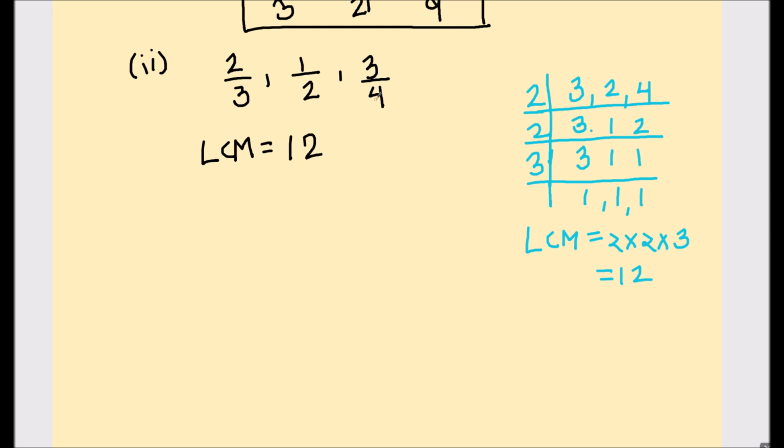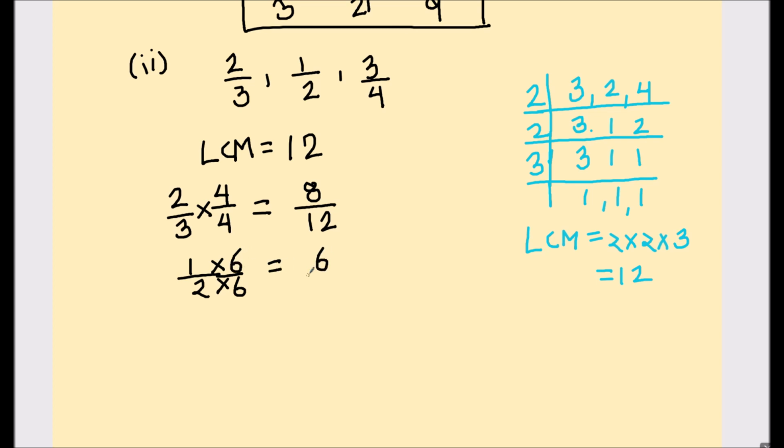We are going to convert all these fractions into equivalent fractions with the denominator of 12. So 2 by 3, to make 3 into 12, we need to multiply 3 by 4. So multiplying numerator and denominator by 4, 2 times 4 is 8 and 3 times 4 is 12. Next we have the fraction 1 by 2, and here we are going to multiply by 6 because 2 times 6 is 12.